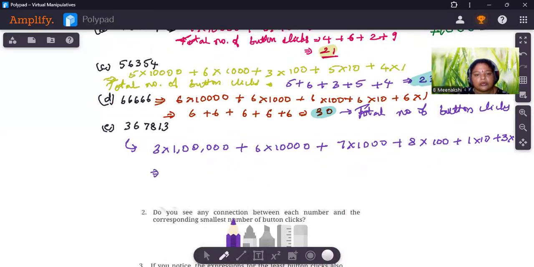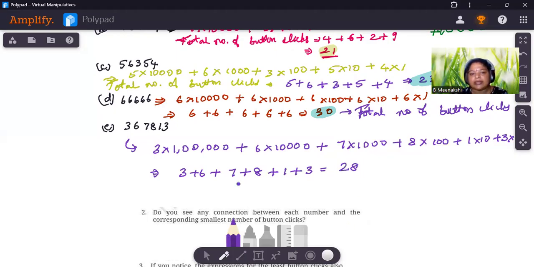Now this will give you 3 plus 6 plus 7 plus 8 plus 1 plus 3. 3 plus 6 is 9, 9 plus 7 is 15, 15 plus 8 is 24, 24 plus 1 is 25, 25 plus 3 is 28.